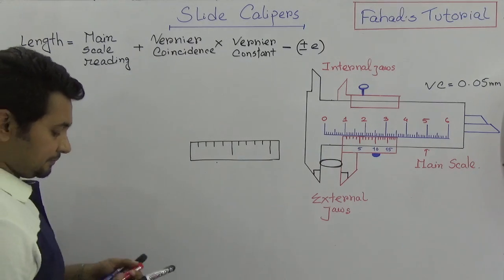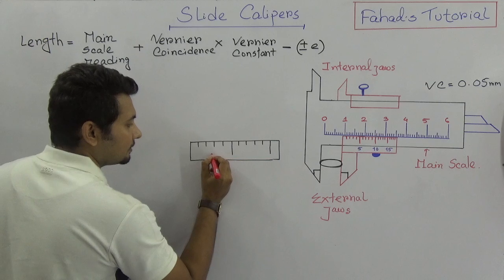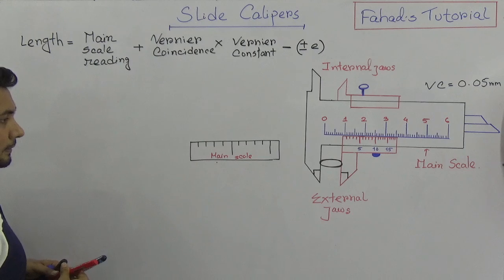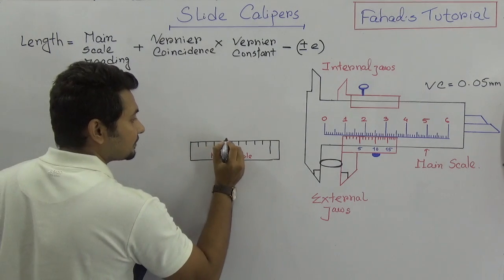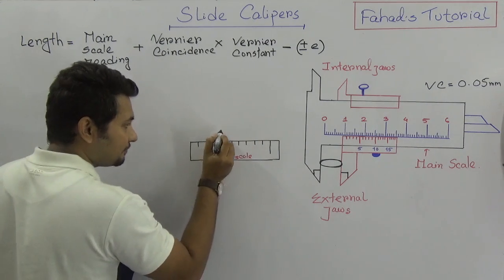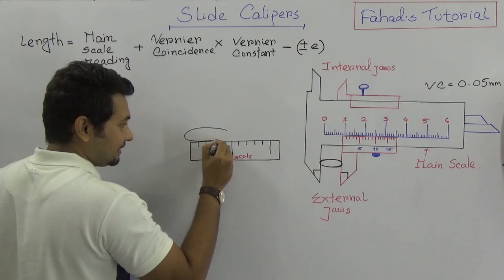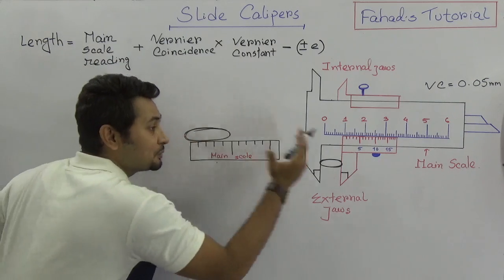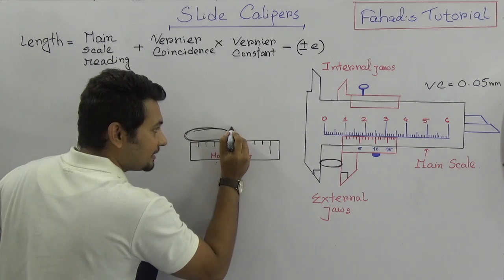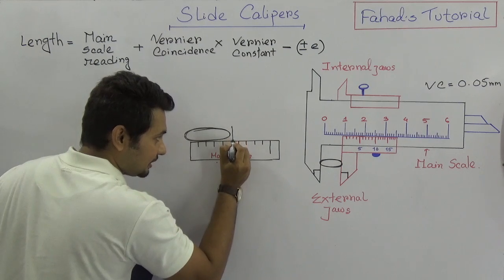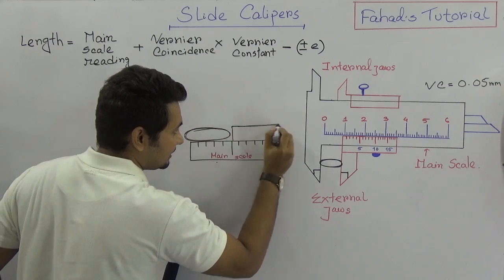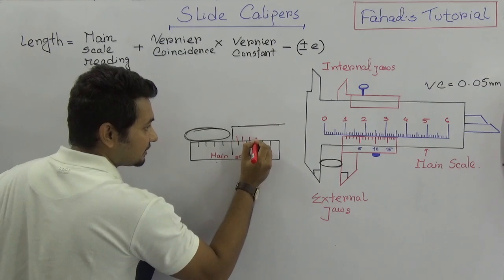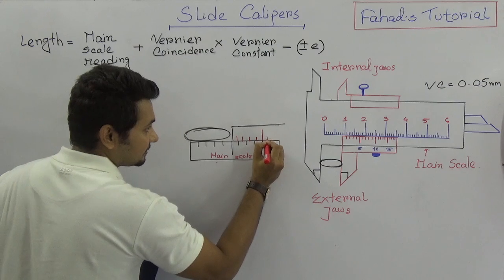This is the main scale, and this is the Vernier scale. After placing the object between the two jaws, the Vernier 0 has shifted here.